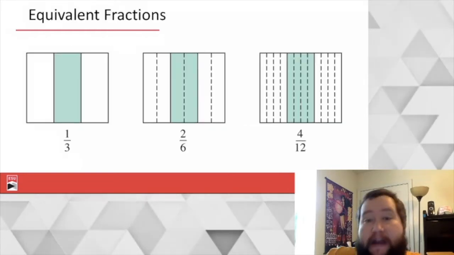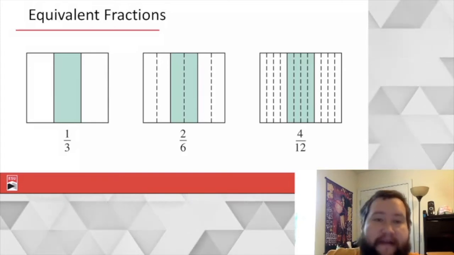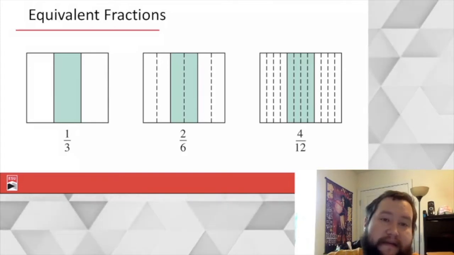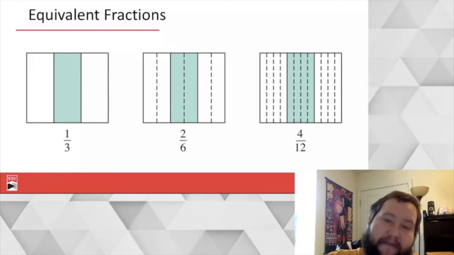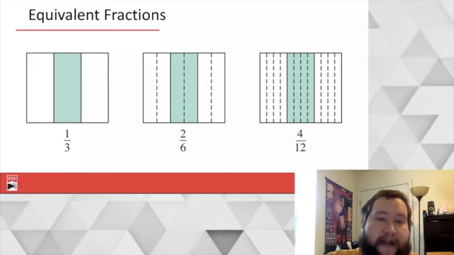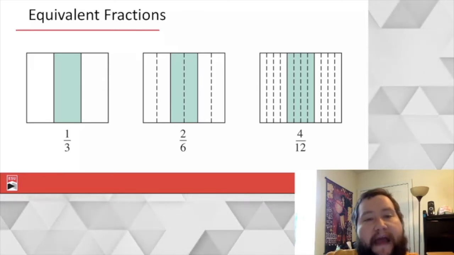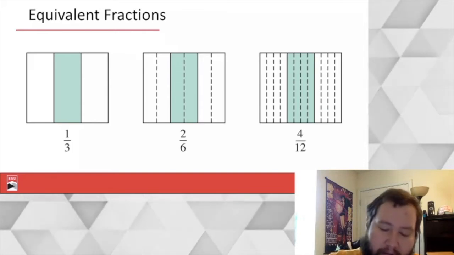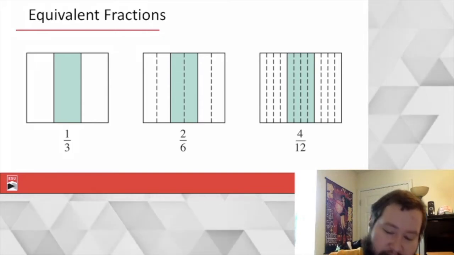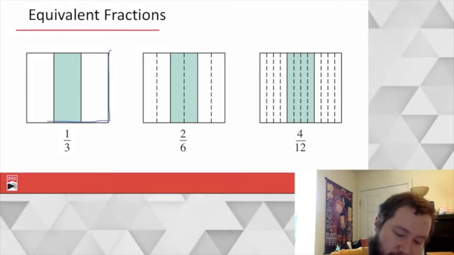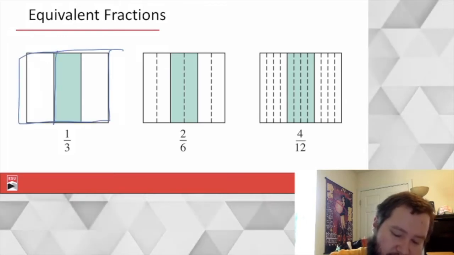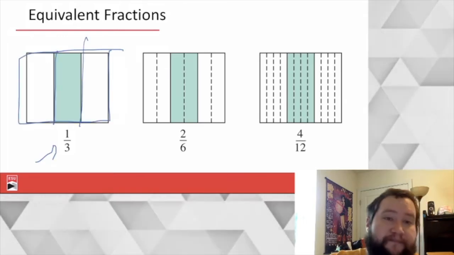But often we're going to try to keep them the same shape, because it's going to make our life easier when we're working between different bases, different unit fractions. So here, if we have a whole divided into thirds, that's our unit fraction.